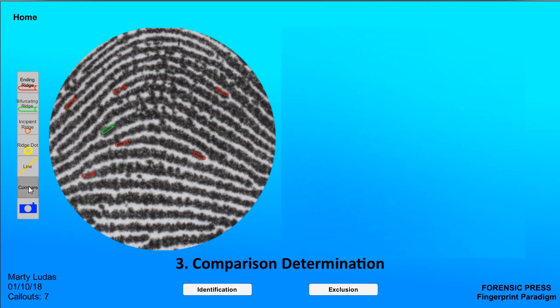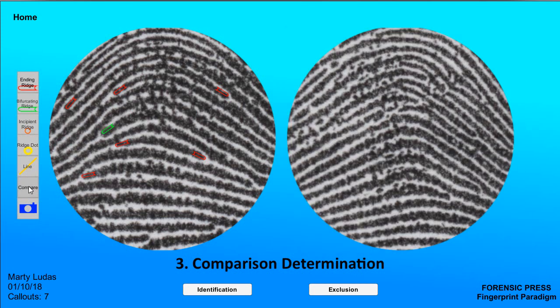I can select compare. The print comes in, and I have to try to determine if I can find these ridge events on this print here. Looking over here, this one and this one seems to be in a compliant position.